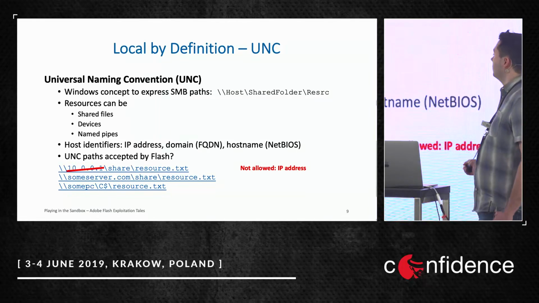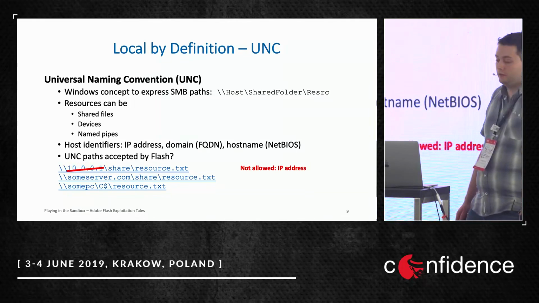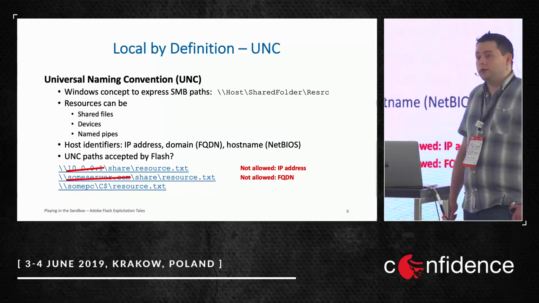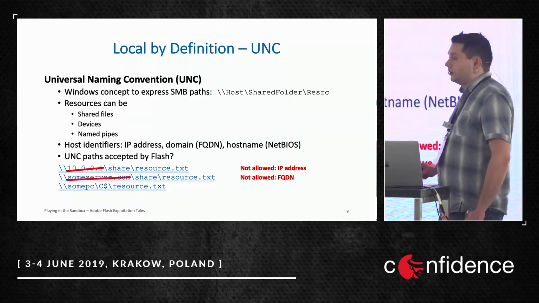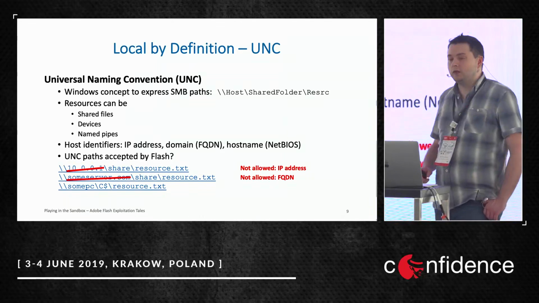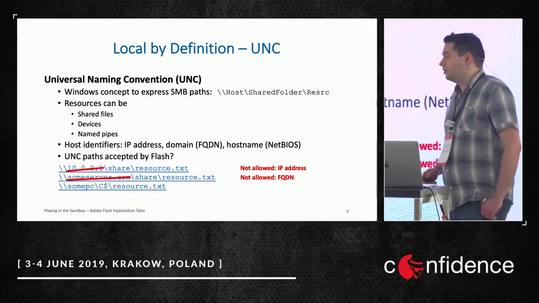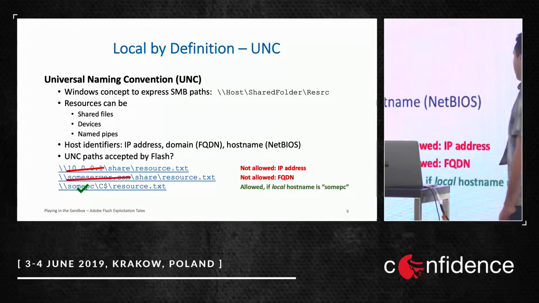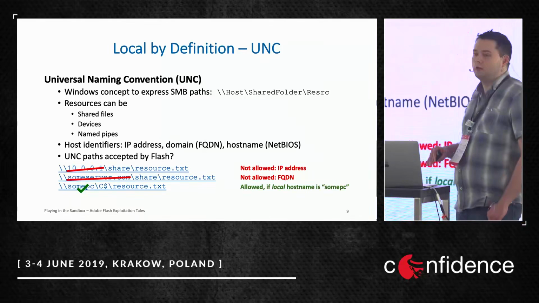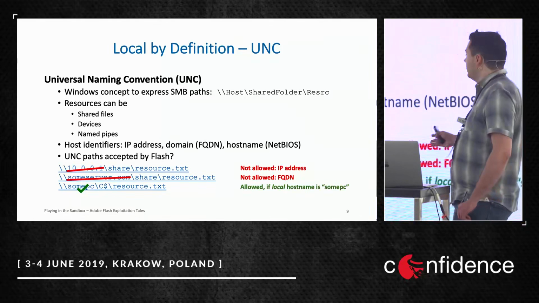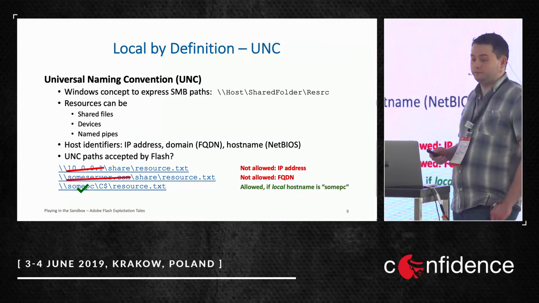The second one, someserver.com. No, because it's a domain name. The third one, intuitively you would say no, but the answer is yes. And this is only the case if you're referencing the local host name. So in this case, some PC.